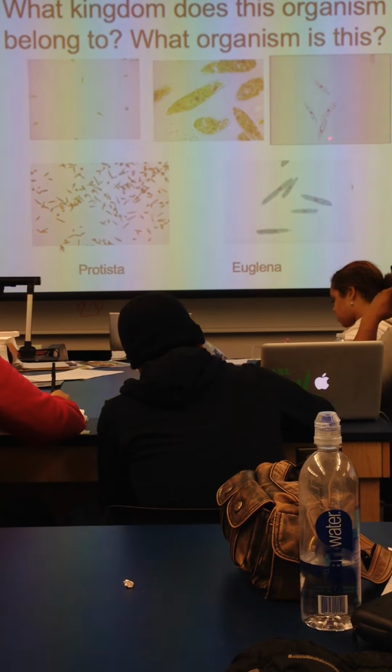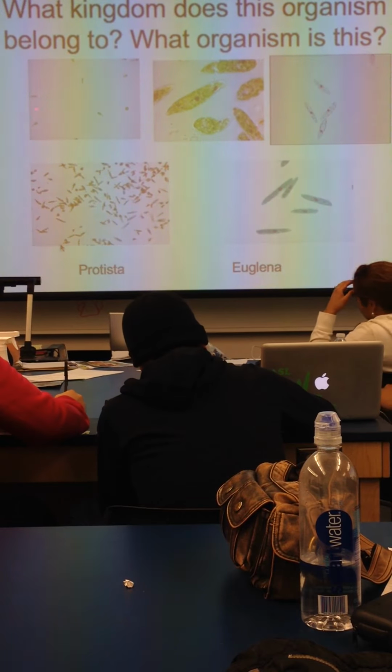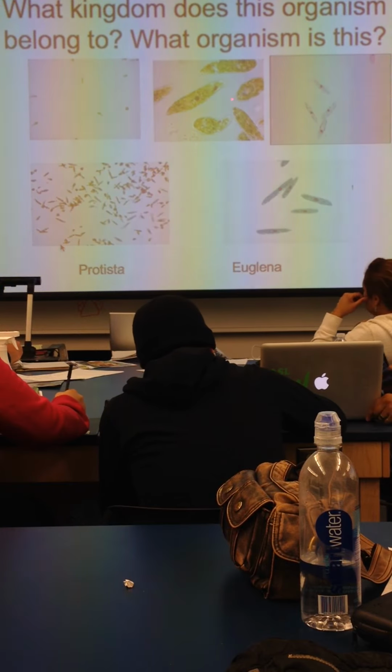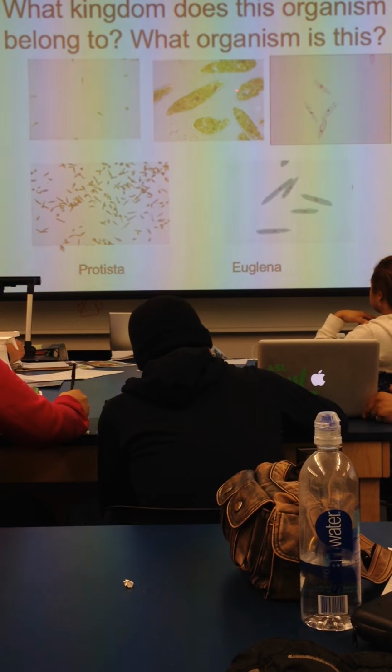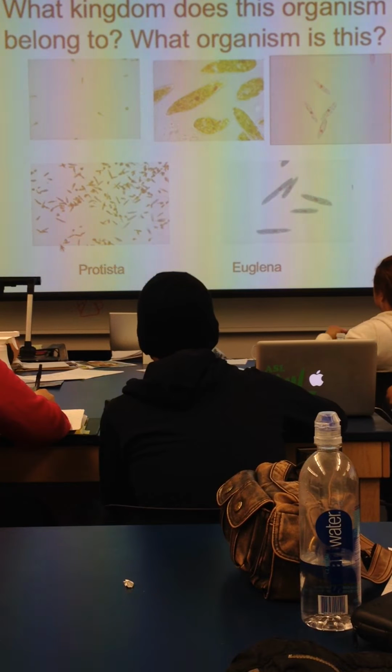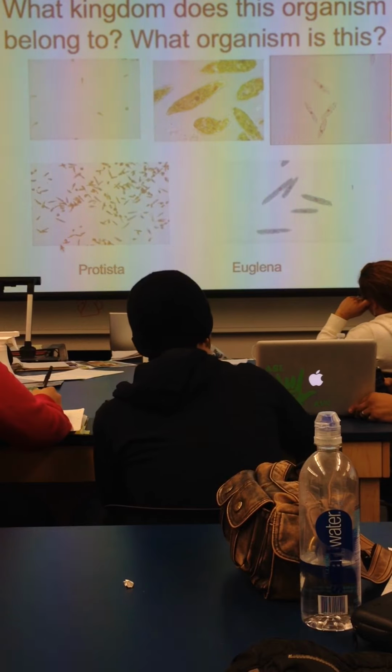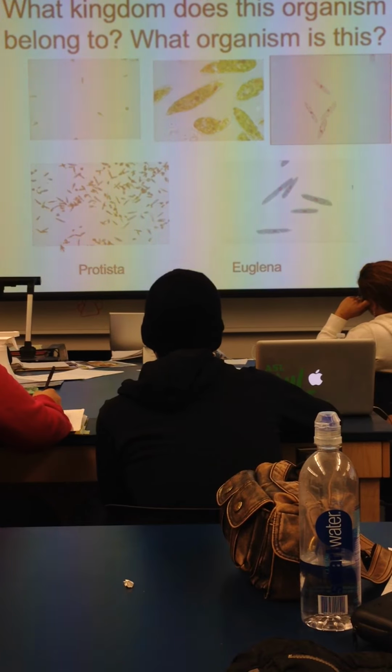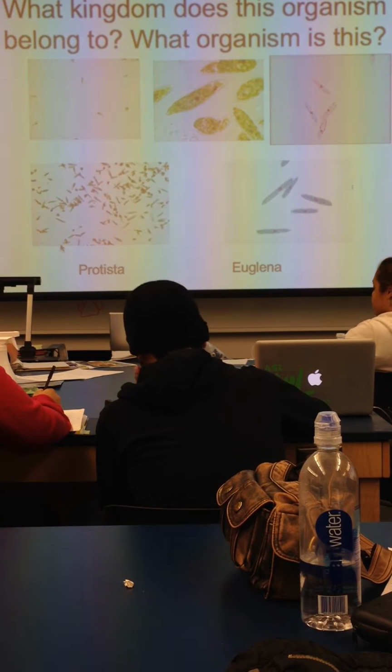Okay, I included a bunch of magnifications because typically when they're living, this is what you saw up here. But if we have the ability, we could zoom in, and this is what your preserved guys look like. Are you guys okay if I switch?